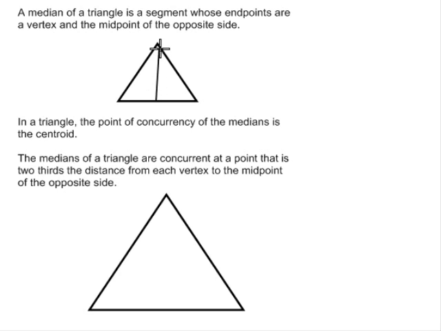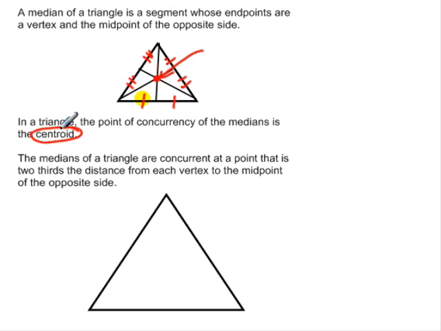So if we draw all three of our medians, all we know is that each median goes through a vertex and to the midpoint of the opposite side. And that is what a median is. And the median, where they intersect, is called a centroid. So in a triangle, the point of concurrency of the medians is the centroid.